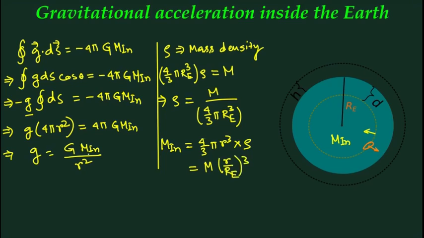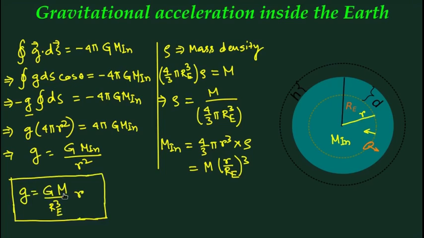So if we put the expression of m inside, we will have g equal to G M by RE cube times r. Here G is the gravitational constant, M is the mass of the earth and RE is the radius of the earth. So this term is constant. Therefore g is proportional to r.